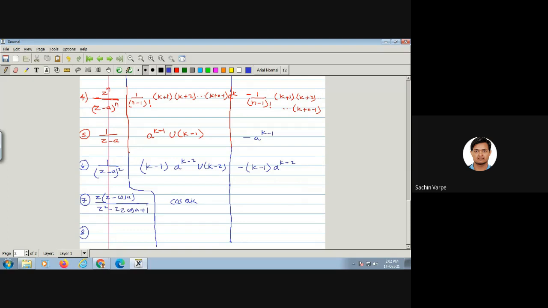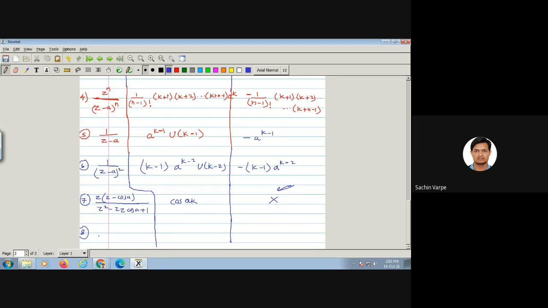And does its z transform exist in this region for k negative? When we discussed this formula, we discussed it only for k greater than or equal to 0. So there does not exist an inverse z transform in the negative region, k negative, and mod z less than mod a. Remember, it does not exist.